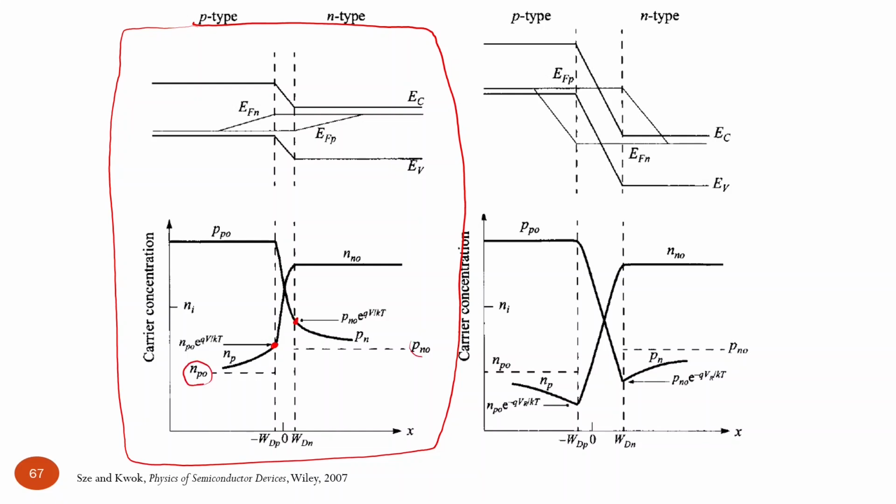They are here, like equilibrium minority charge carriers. That's because we reduce this potential barrier. So that is Q times VBI minus V. And V here is positive, so we actually subtract. That's why we increase diffusion of majority charge carriers.